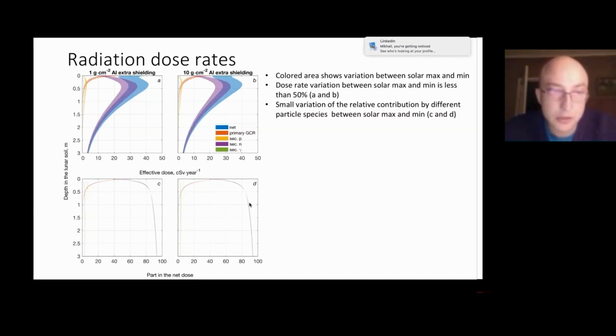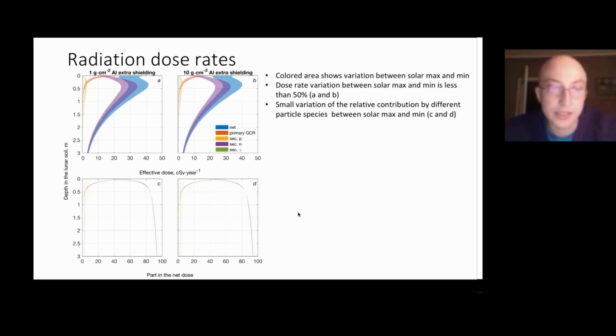On the two panels below, you can see the relative contribution to the total effective dose. On the surface, approximately 60% of the radiation dose is due to primary particles, mainly the heavy particles, HZE, while inside the moon, beneath the lunar surface, secondary neutron radiation dominates the effective dose.